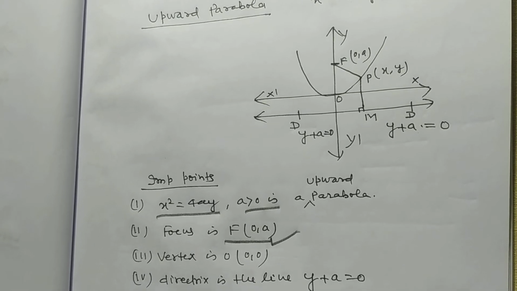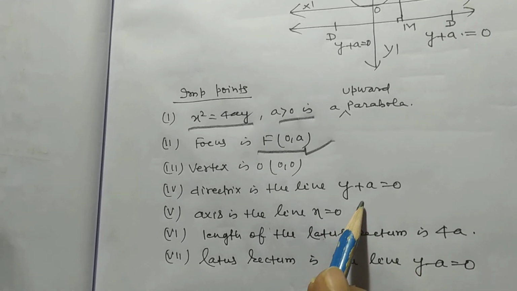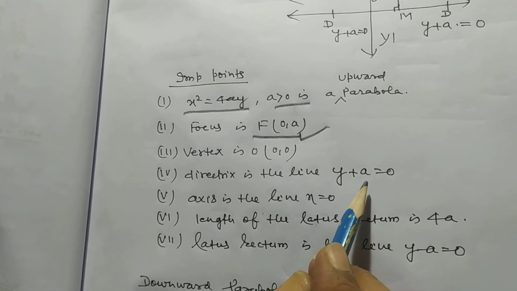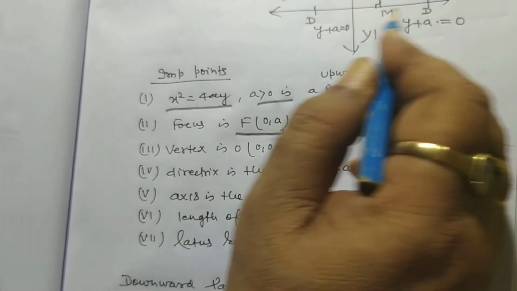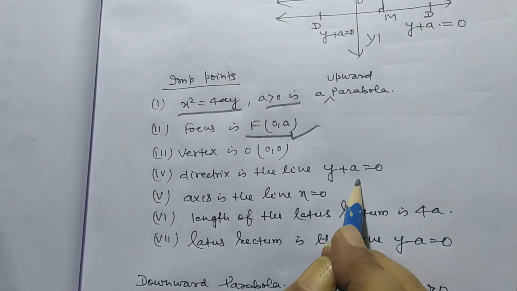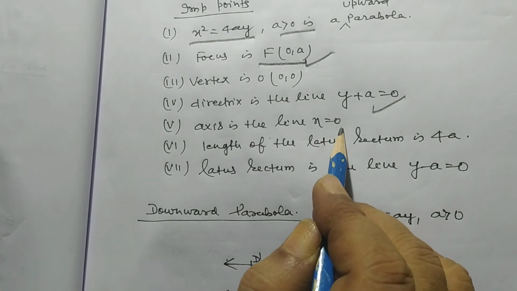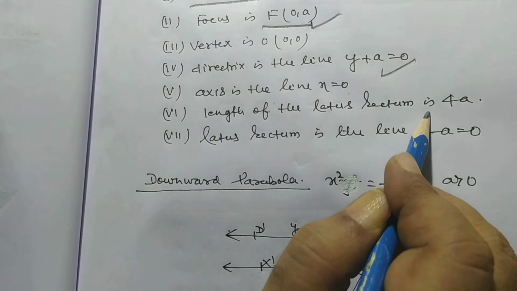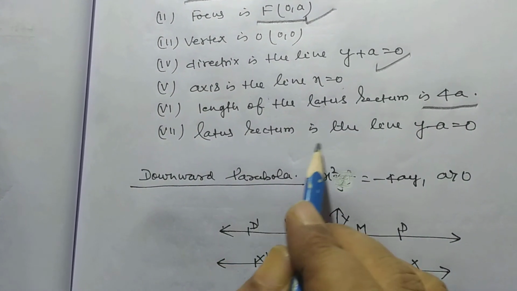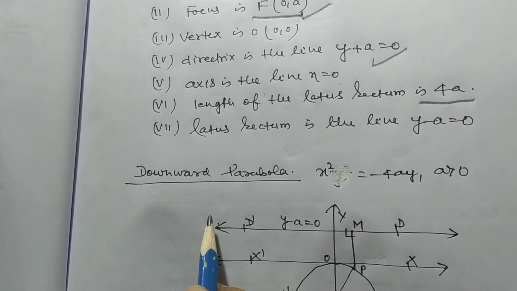Vertex is at the origin (0, 0). Directrix is the line y is equal to minus a, that is y plus a is equal to 0. Axis is the line x is equal to 0. Length of the latus rectum is 4a, and the latus rectum is the line y minus a is equal to 0.